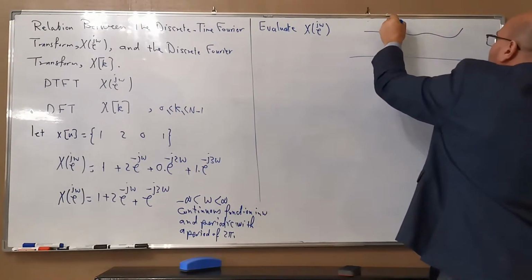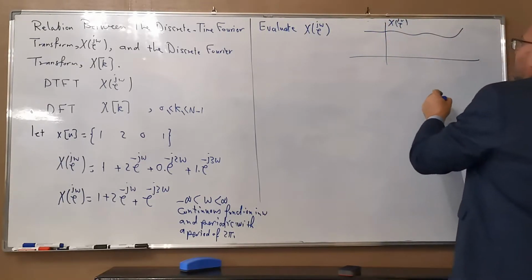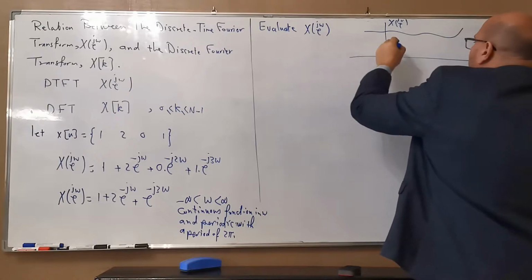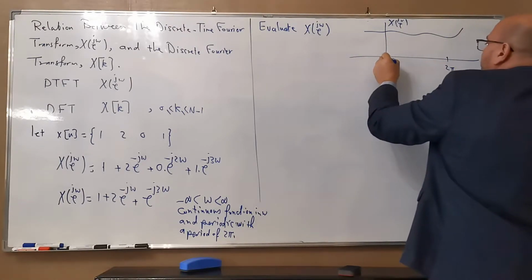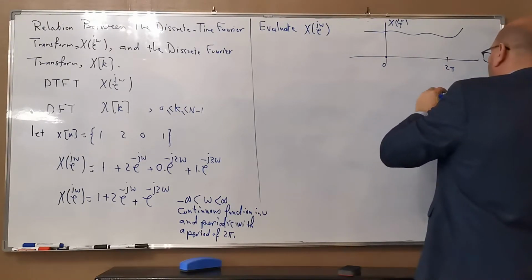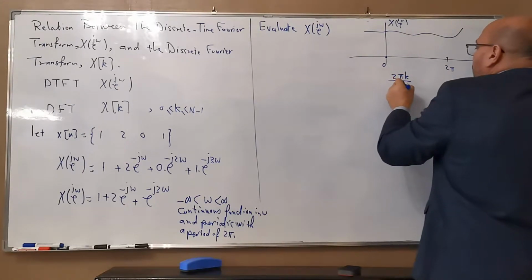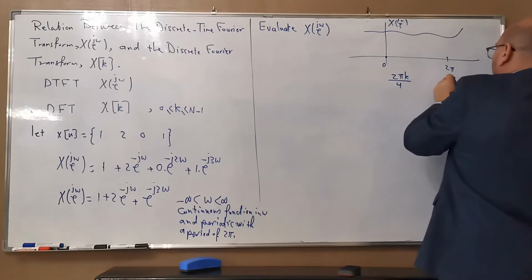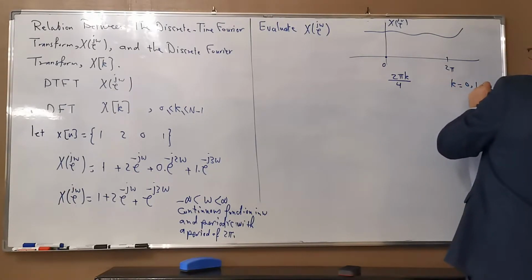Let's say that this is X of e^jω, magnitude and phase, and I'm going to evaluate this from 0 up to 2π with 4 samples between 0 and 2π. So I'm going to take ω to be 2πk over 4, and k goes to 0, 1, 2, and 3.